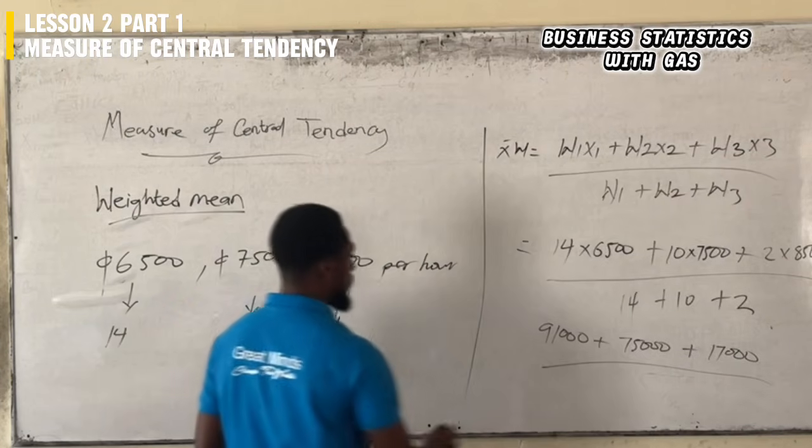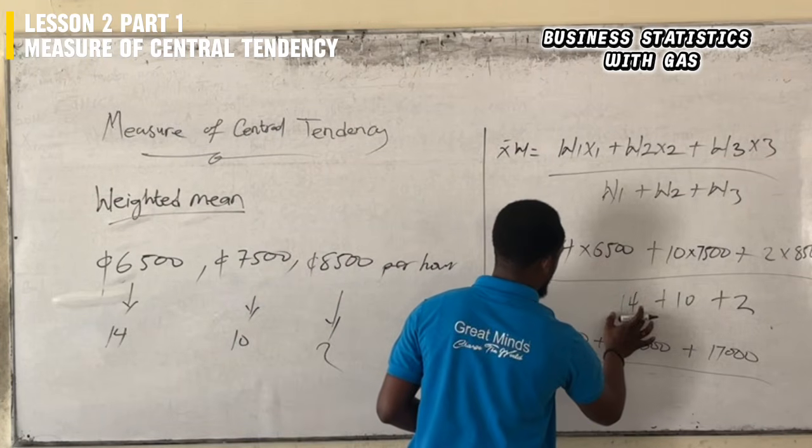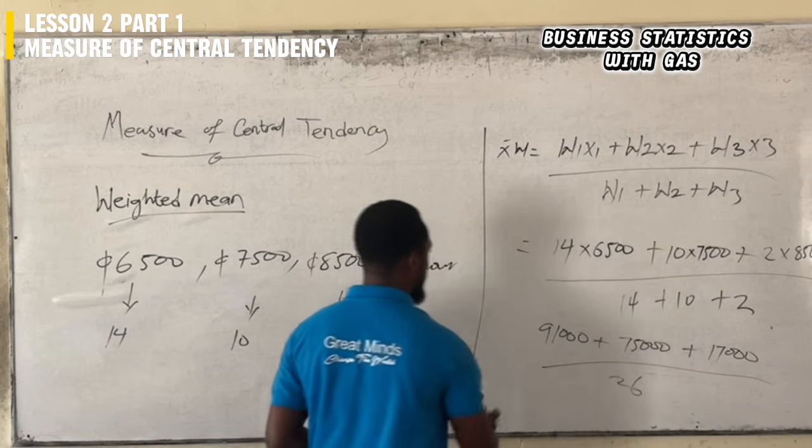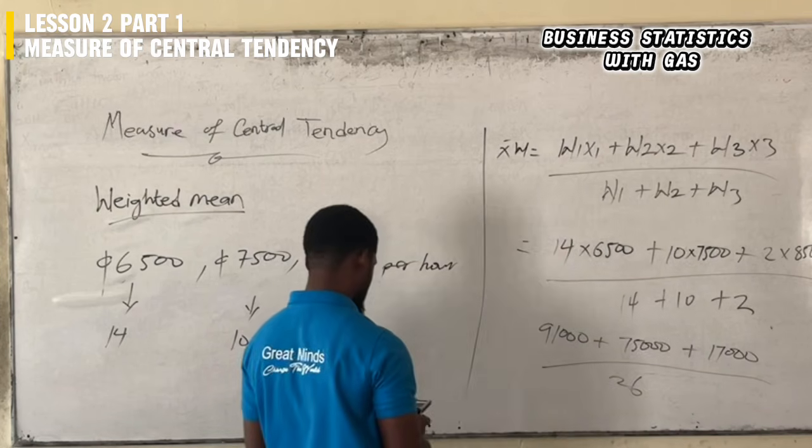So when you add the 10 to the 14, you are getting 24, then the 2, you are getting 26. So now let's add all what we had as the numerator.